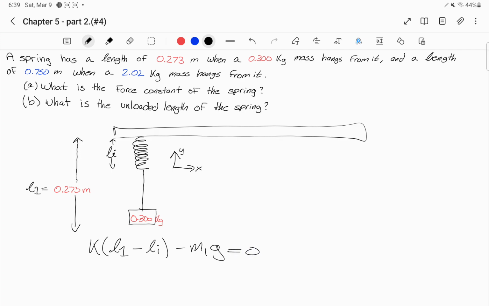Now, using the same thought process, we can do the same thing for mass number 2. Recall that if they want us to find the unloaded length of the spring, it means that both of the springs have the same initial length. The initial length is the unloaded length of the spring. So that's Li.